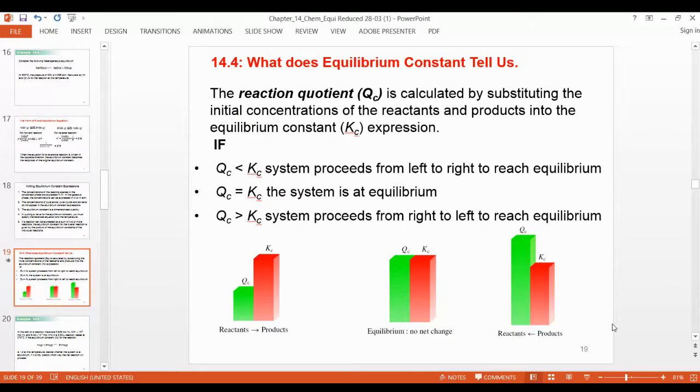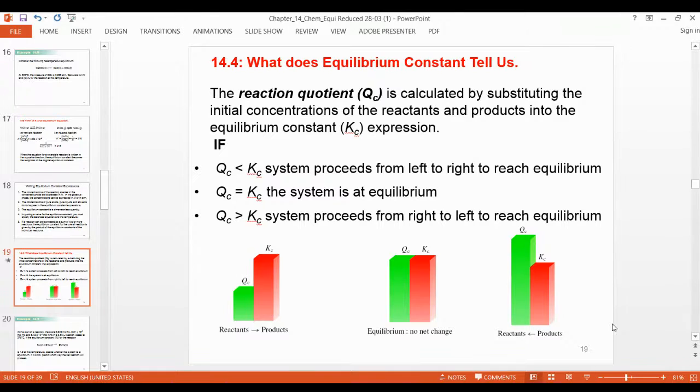Qc is always calculated when the system is before equilibrium. Whenever a reaction is carried out and the system has not reached equilibrium, and they want to calculate the concentrations of this and this while the reaction occurs, then you have to calculate Qc. It is known as the reaction quotient, Qc.